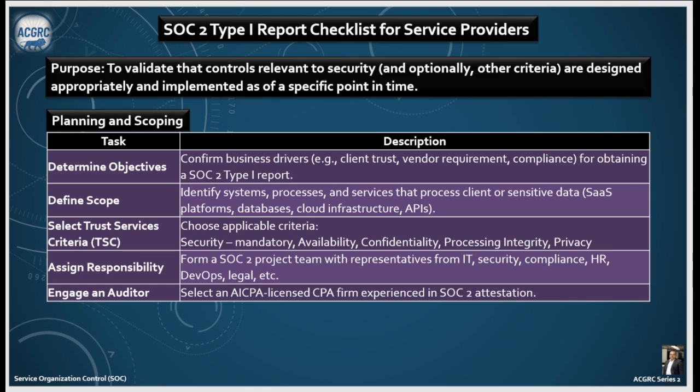Then you form a project team. You get representatives from all the relevant teams within the organization: your IT team, your security team, your compliance, your HR, your DevOps, your legal, or any other who are supporting this infra and this business. Then you engage a TPA firm and an experienced SOC 2 SME for attestation.